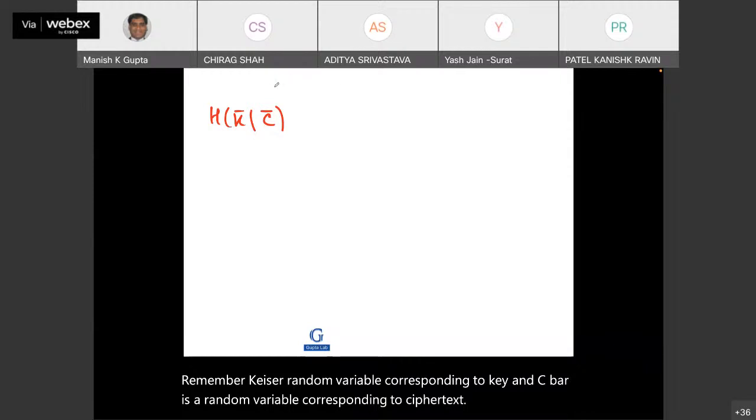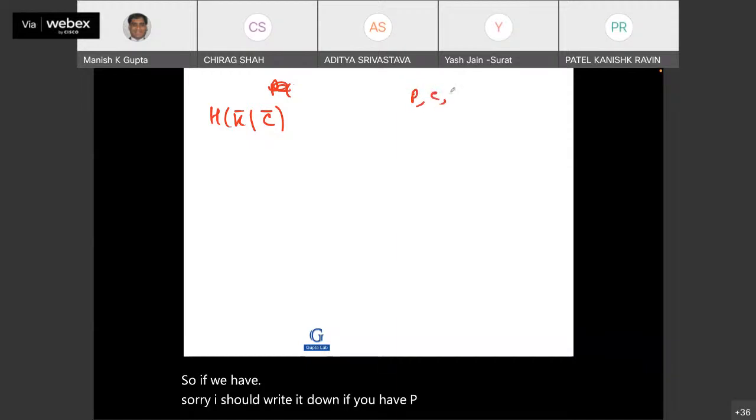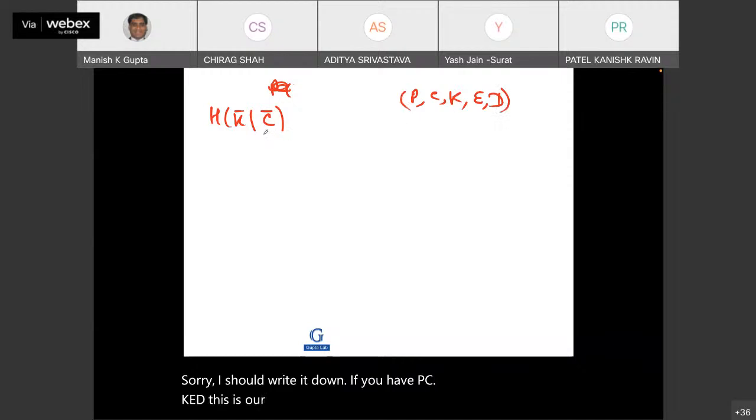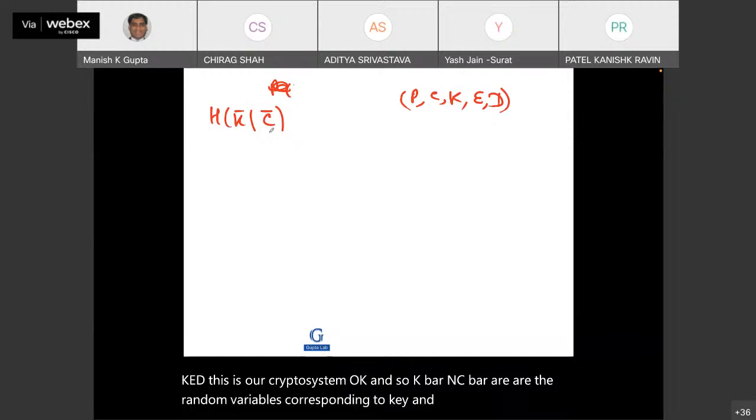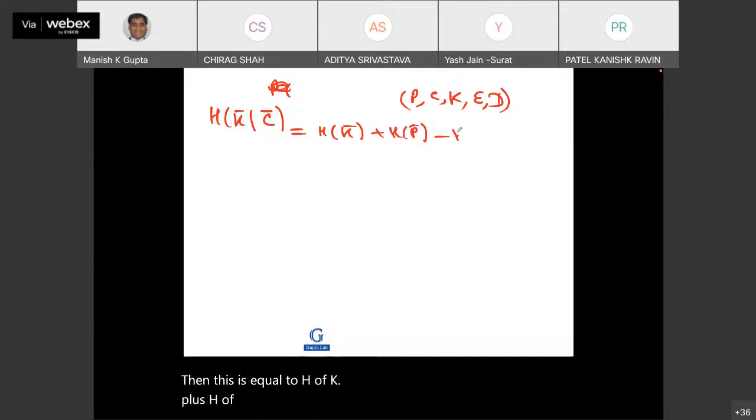If we have the crypto system (P, C, K, E, D), and K and C are the random variables corresponding to key and cipher text, then this is equal to H(K) plus H(P) minus H(C).